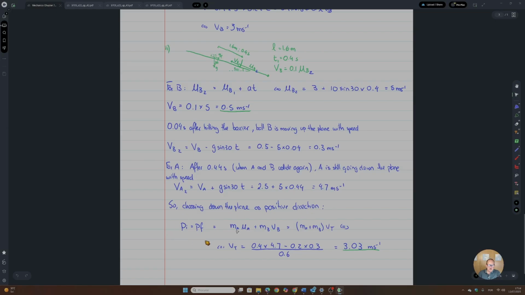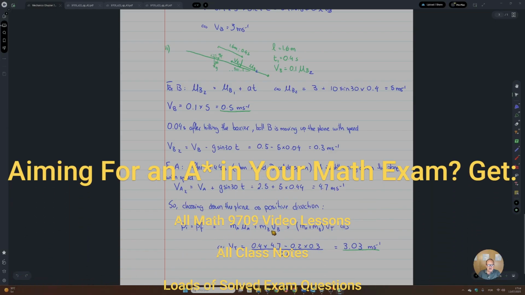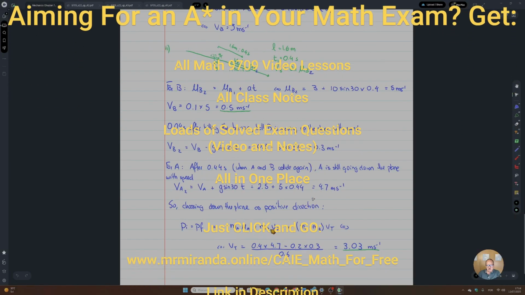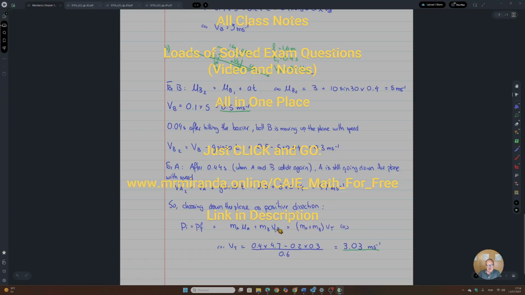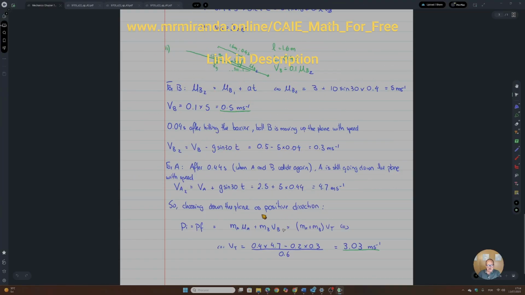Now we just apply the law of conservation of momentum again, and you have MA UA, don't forget that UA is this 4.7, plus MB VB, just to use the same expression that I used before, which is going to be a negative value. This is a negative velocity because I chose positive as being down, and as I told you, B is now going up.